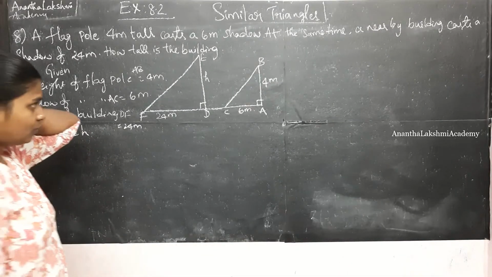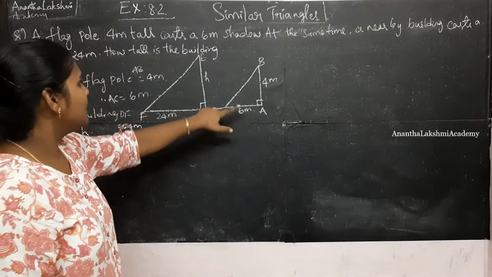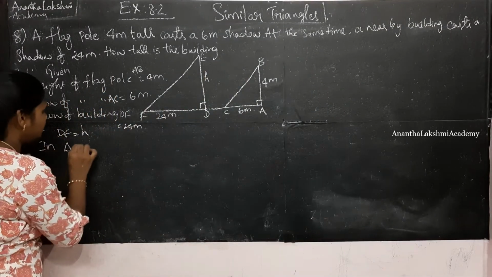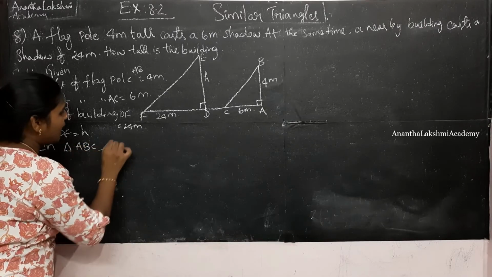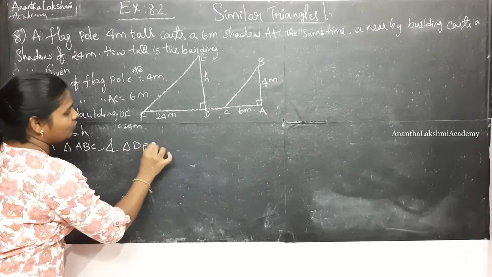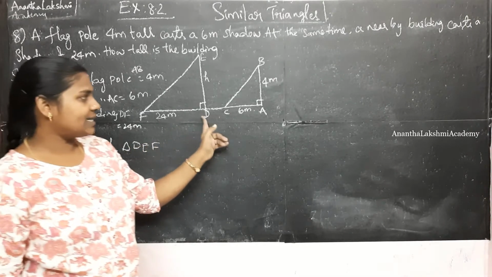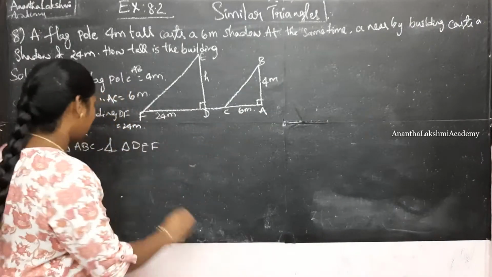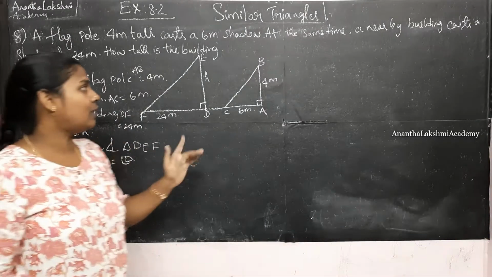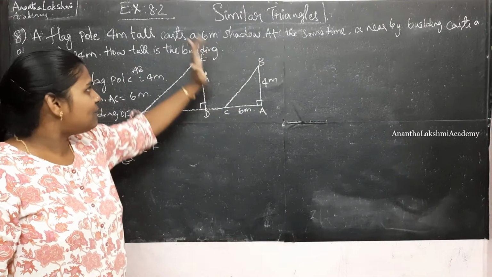Okay. So look at these two triangles ABC and DEF. In triangle ABC and triangle DEF, what do you observe as common? Right angles, angle A and angle D. Okay, angle A is equal to angle D. Now observe, AB is parallel to DE.